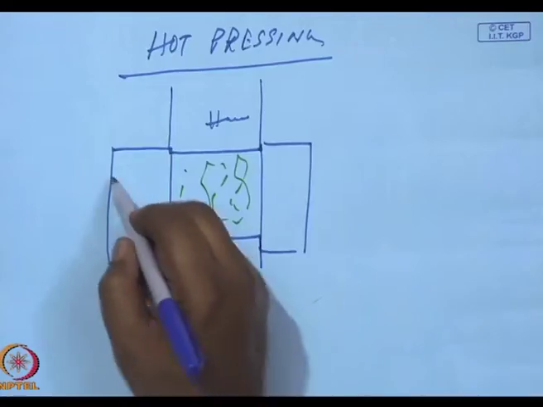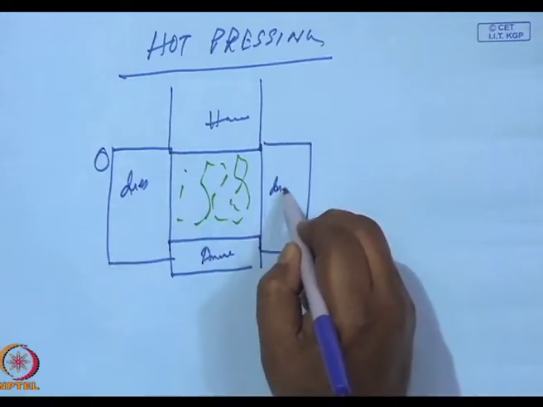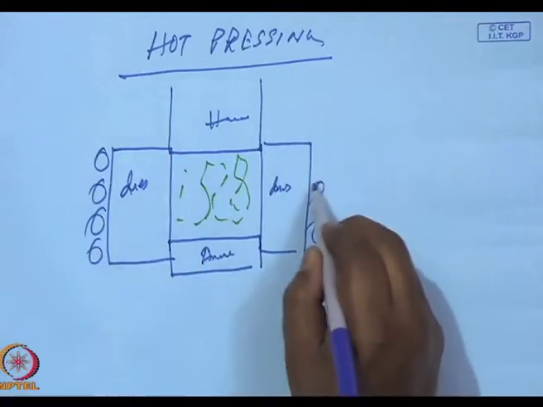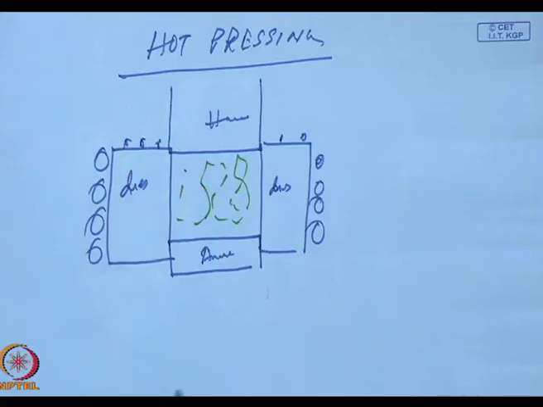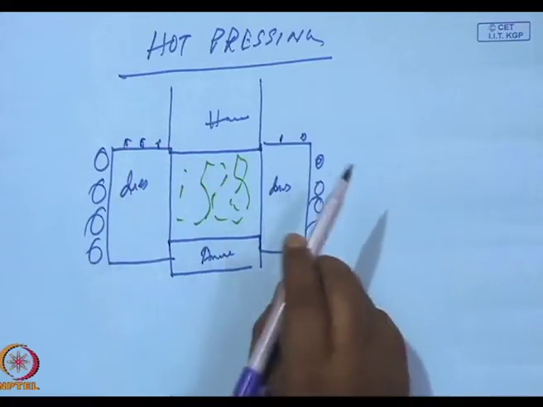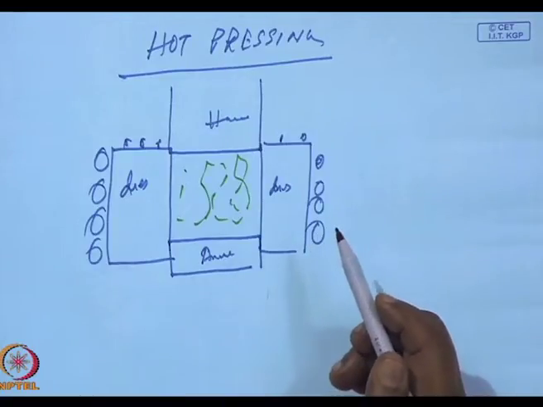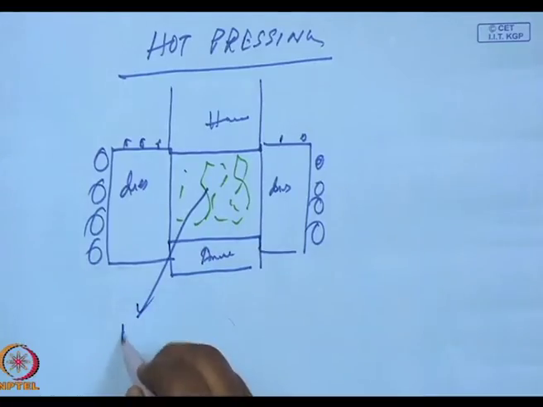So what is done is these dies are heated externally. What does the heating do? As the temperature becomes high enough, this mass becomes plastic.